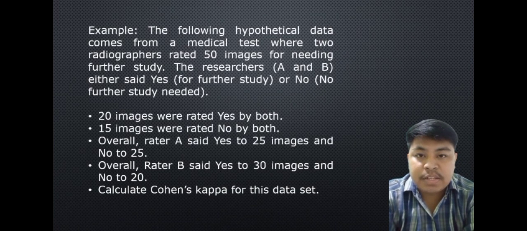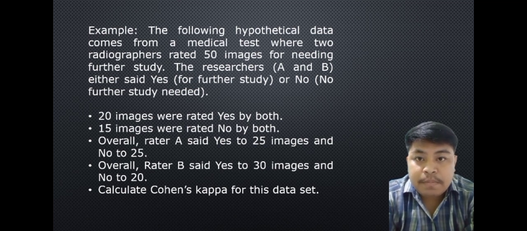We have here an example. The following hypothetical data comes from a medical test where two radiographers rated 50 images for needing further study. The researchers A and B either said yes for further study or no, no further study needed. 20 images were rated yes by both. 15 images were rated no by both.